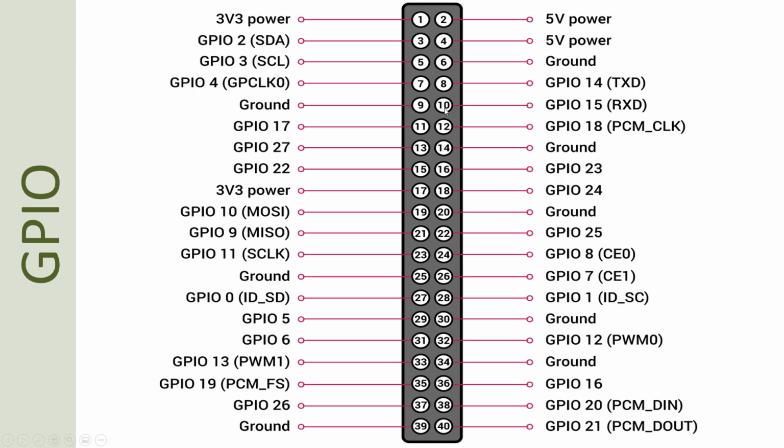So here you see a larger picture of all these general purpose input-output pins. We have pins for 5 volt power, pins for 3.3 volt power, separate pins for ground, and these general purpose IO pins, which can be either digital in or digital out.